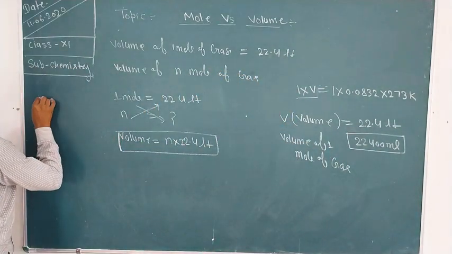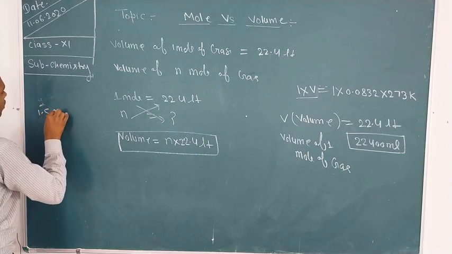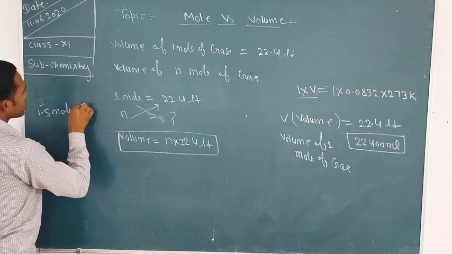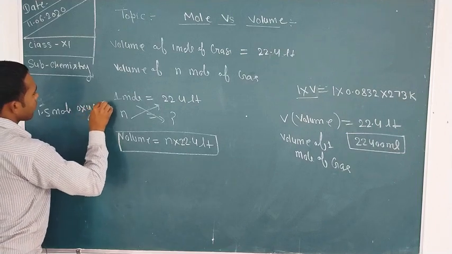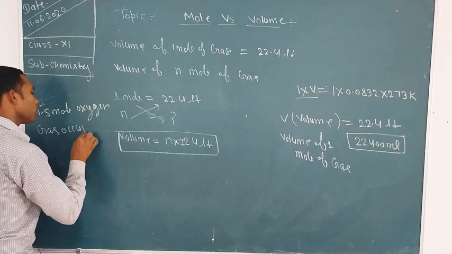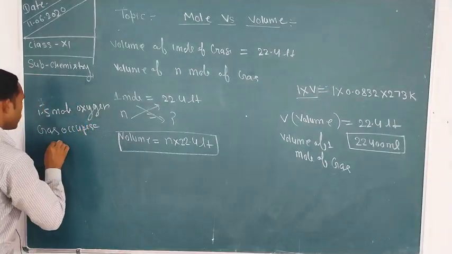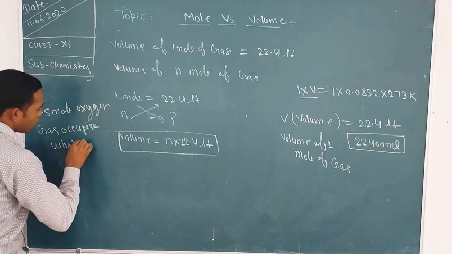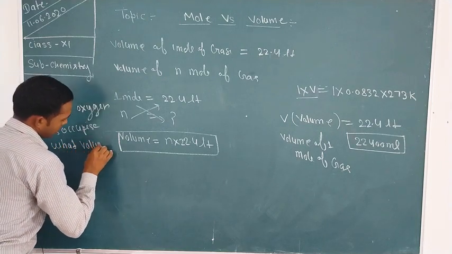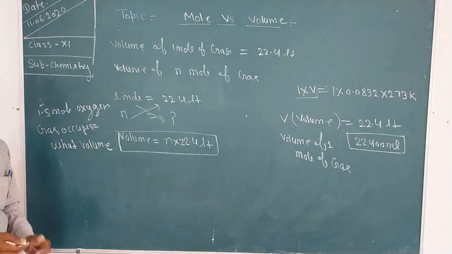1.5 mole of oxygen gas occupies what volume? I want to say, what is the volume of 1.5 moles of oxygen gas?